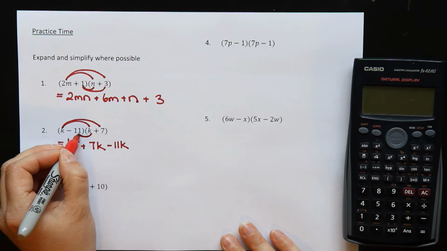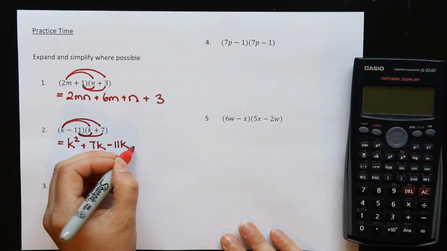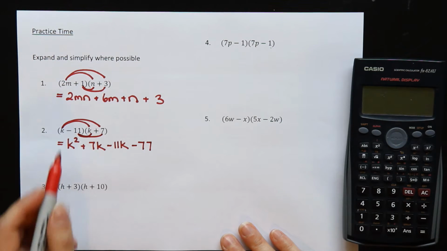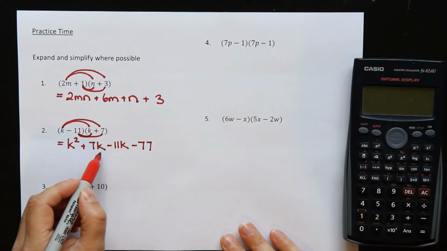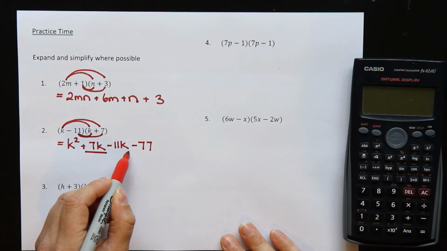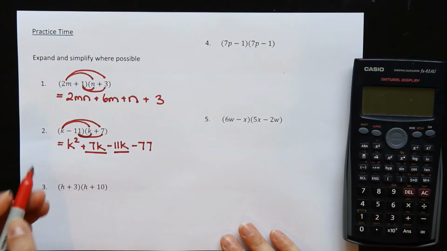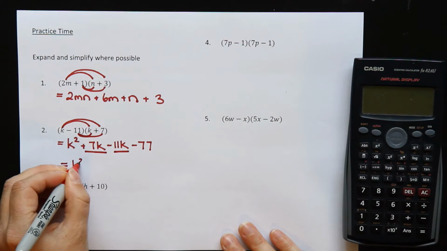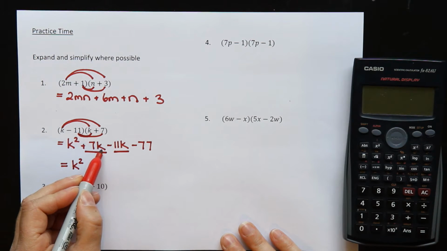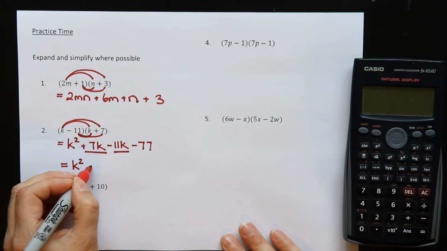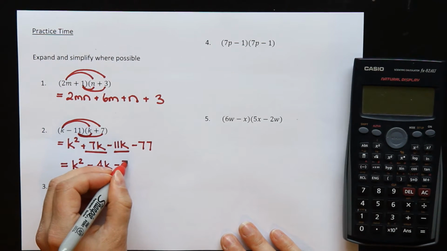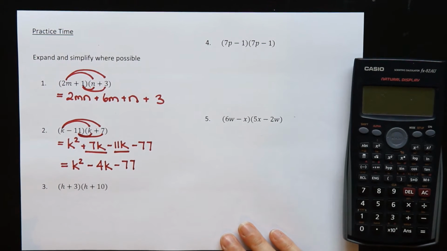And last, minus 11 times 7 is minus 77. This time we have some like terms. The 7k and the minus 11k are like terms. So rewrite on the next line, k squared. 7k minus 11k is minus 4k. And then the minus 77 is still there at the end.